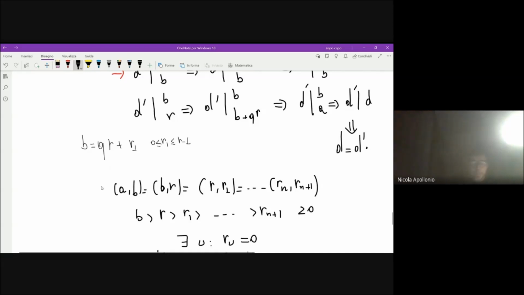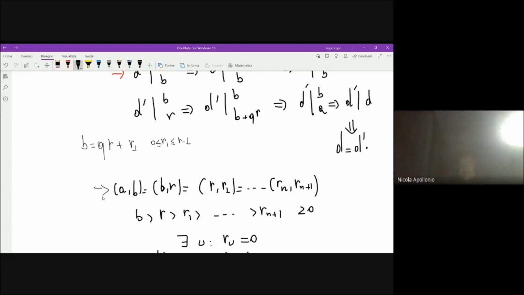I'm going to give you an algorithm, a procedure, a constructive way to yield the greatest common divisor. So you start with A and B, then you look for the greatest common divisor of B and R, and then the greatest common divisor of R and R1, and so on and so forth.